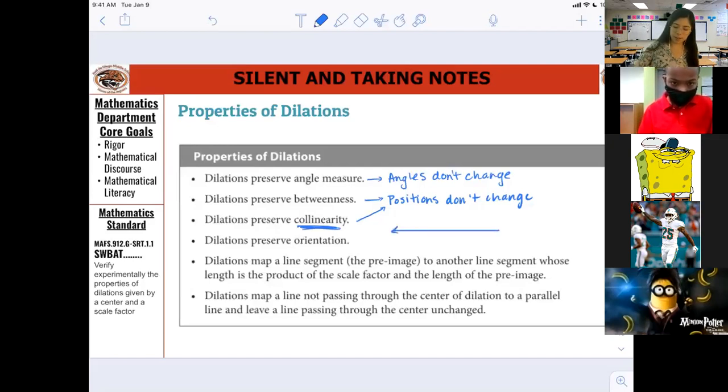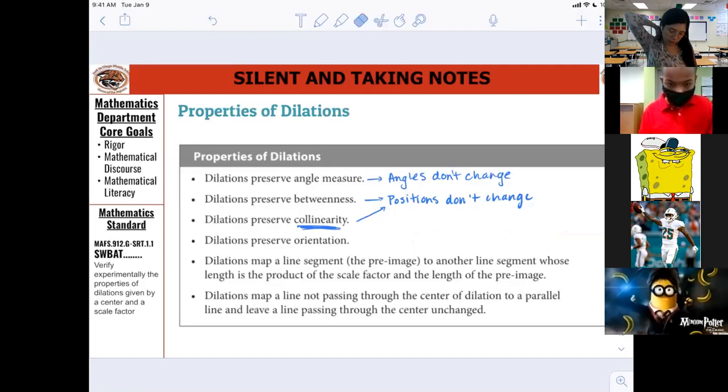If I have a line and I have M and I have point D, well, if it dilates, if it gets bigger, if the distance doubles, let's say, it's still on the same line. Even though it got larger, it still stays on the same line. So again, that goes with the same idea that even though things might get bigger, they're not going to flip around or rotate or end up somewhere completely different. They're going to keep the same relationships.